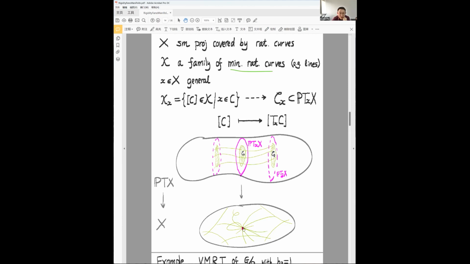I fix one point, and consider all these minimal rational curves passing through this point. For each curve, you can take the tangent direction of this curve, if this curve is smooth at this point, and this gives you one point in the projectivized tangent space. You collect all these tangent directions, and you get a subvariety of the projectivized tangent space. This is the VMRT. This is C_x.